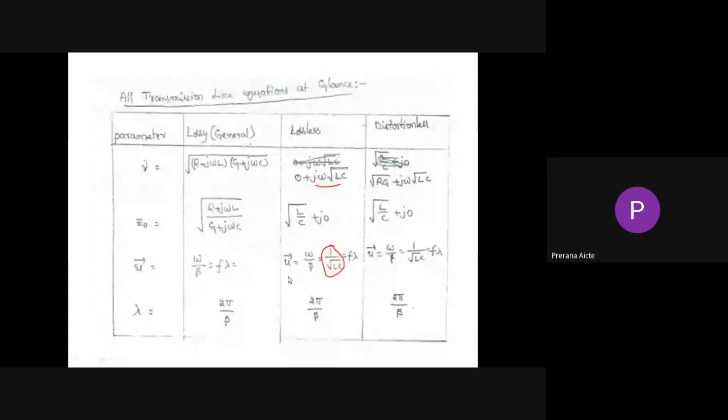Now the equivalent circuit of a transmission line is represented by the primary components R, L, C and G, that is resistor, inductor, capacitor and conductance.